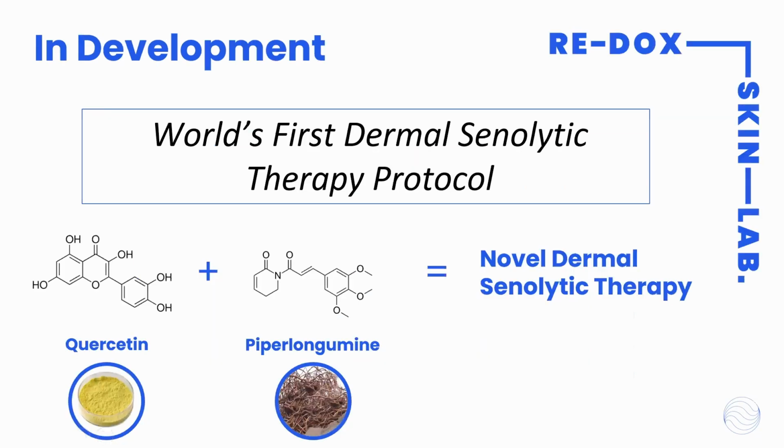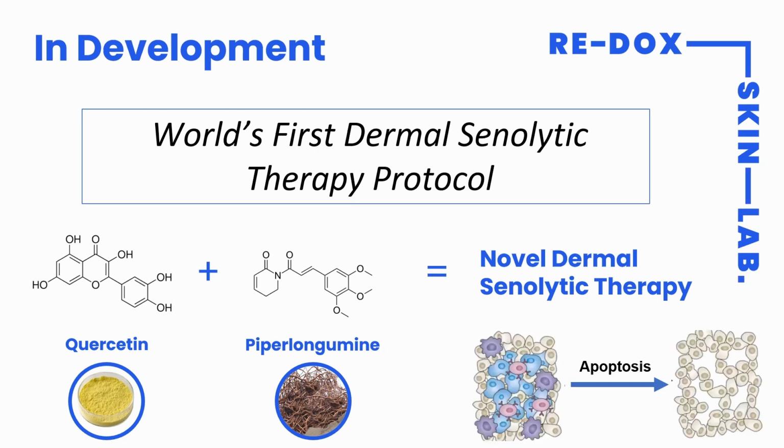And at Redox, as a side note, we are developing the world's first dermal senolytic therapeutic protocol with the combination of quercetin and piperlongumine at functional doses in a topical serum. This will be applied in an interval process: a 2-week application, an evening application to prevent the concurrence of zinc oxide, to remove these cells.